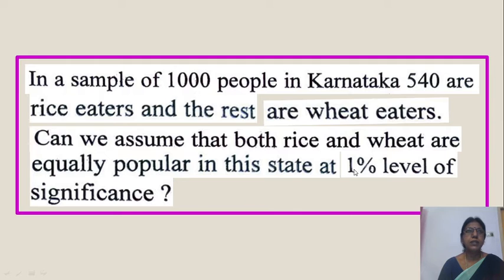Alpha is 1%, in decimals 0.01. n is equal to 1000 and x is equal to 540, and the remaining are wheat eaters.